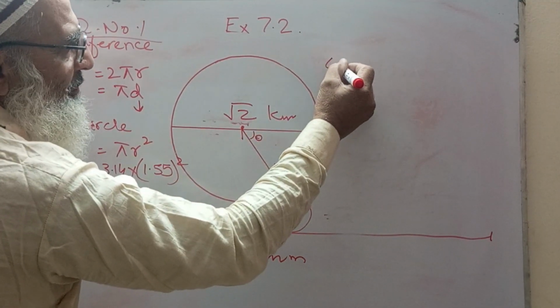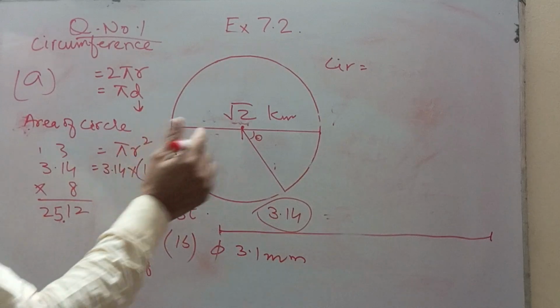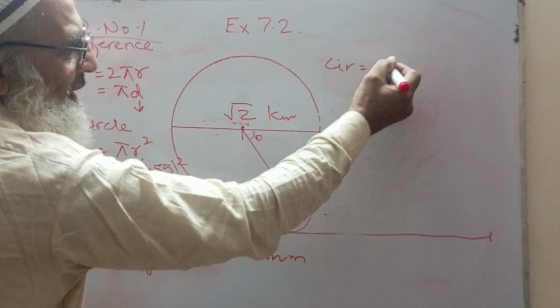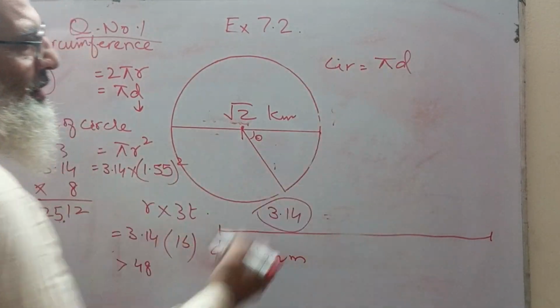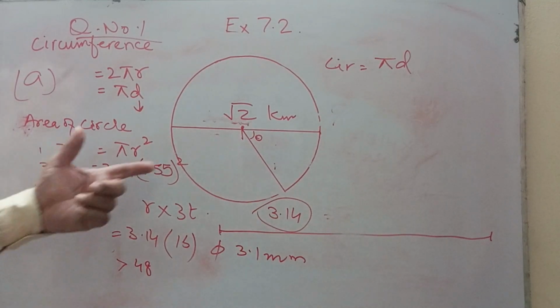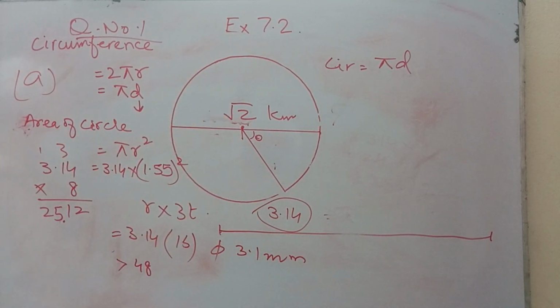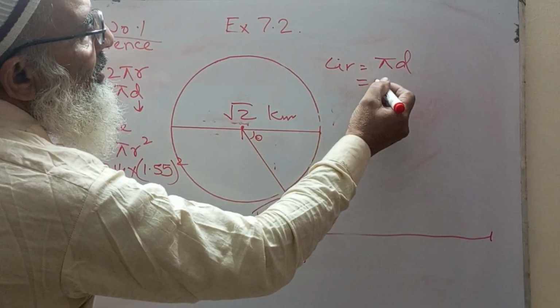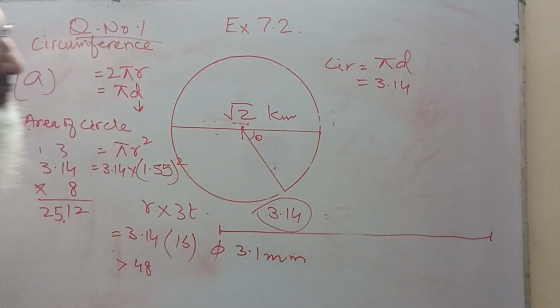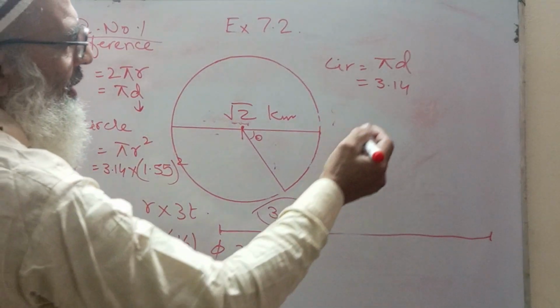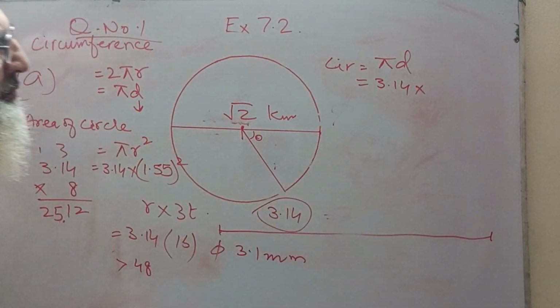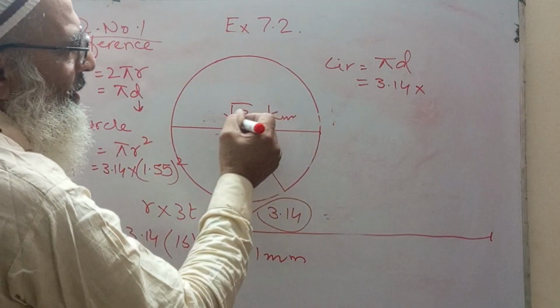Now the circumference. First the circumference. It is 2 pi r or pi d, because d is given, so I have to manipulate d instead of making it half and then multiplying it with 2. Okay, 3.14 multiplied by root 2.